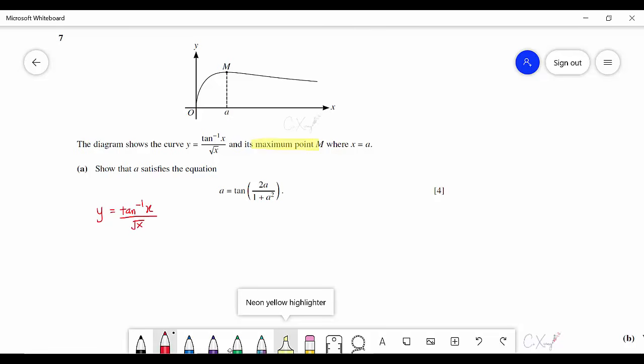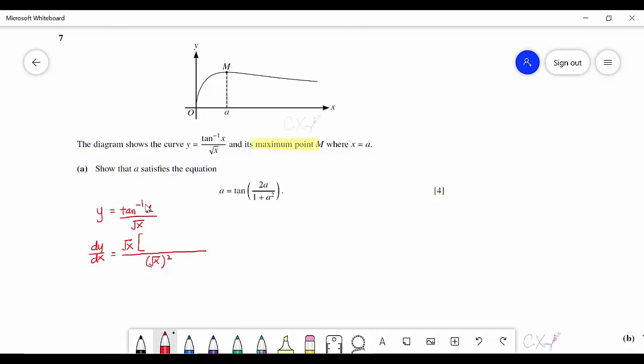To do the differentiation here, because it is a fraction with x at both numerator and denominator, we have to use the quotient rule. So we have square root x squared, copying the original denominator, then you differentiate the tangent inverse x.